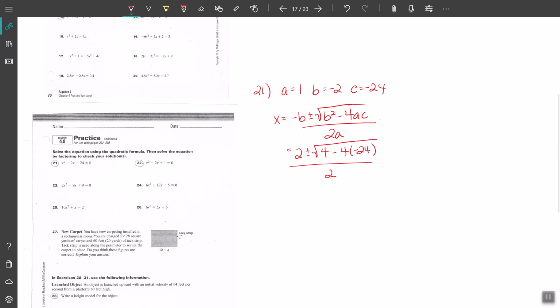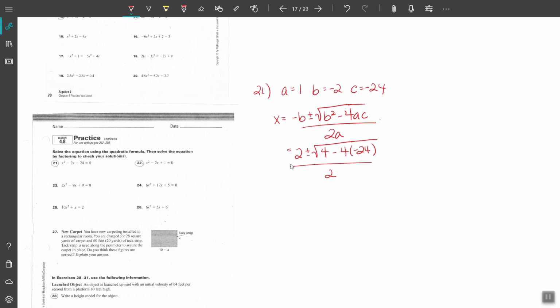Okay, so I just skipped a few steps of not plugging in every number for evaluating. If you find that you're making careless errors when you do this quadratic formula, then you want to make sure you go through and, just like we did in the previous problems, plug everything in and be extra careful about your negative signs.